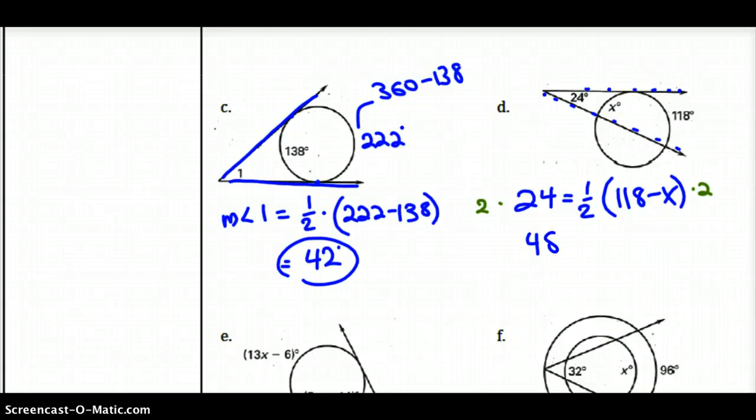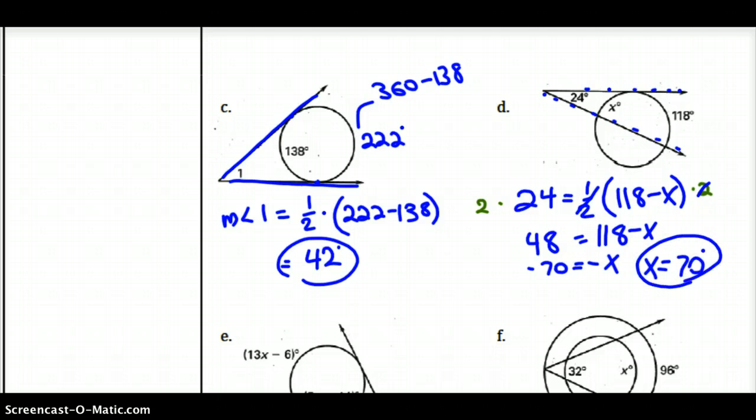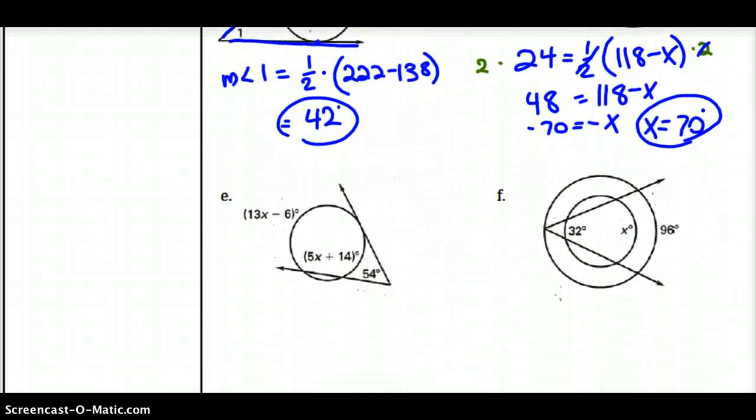We'll get 48 here. This will cancel that, leaving 118 minus x. Subtract the 118 over, and I get negative 70 equals negative x. So x, in fact, will be 70 degrees for that smaller arc. So just be careful with the algebra as you go here.